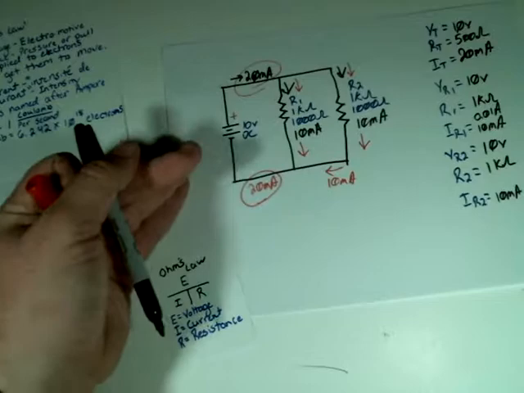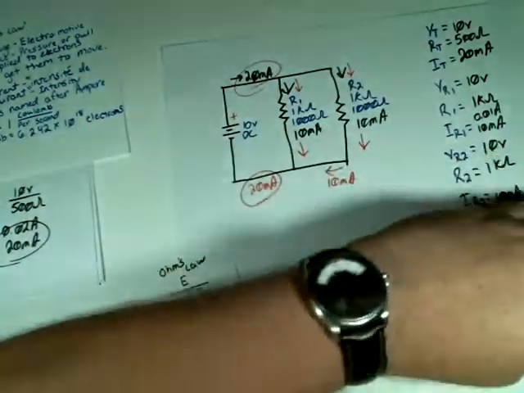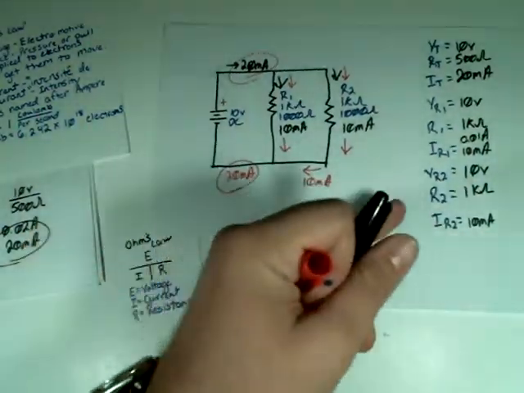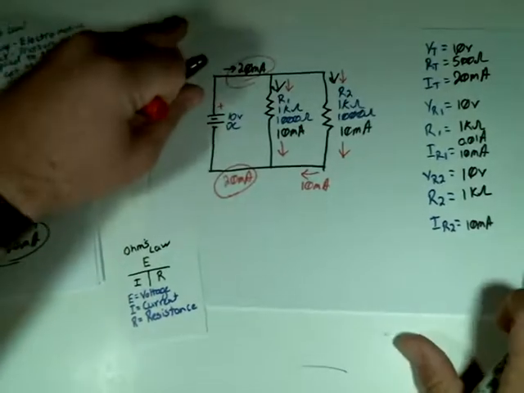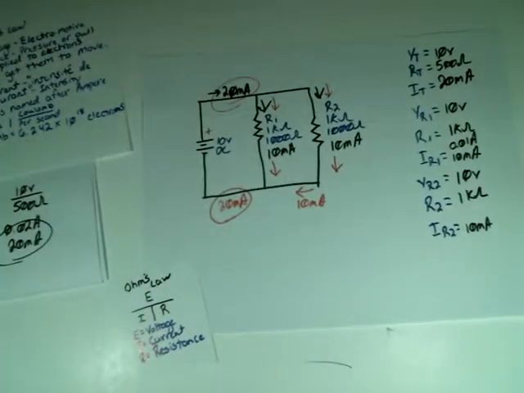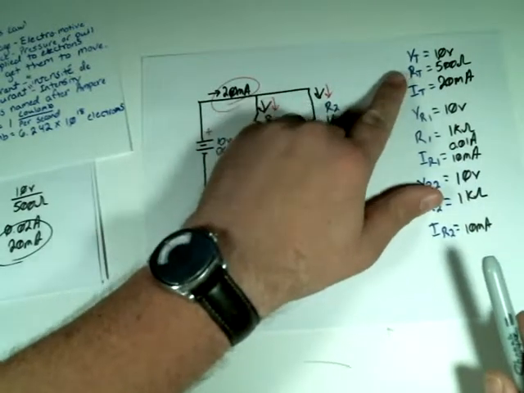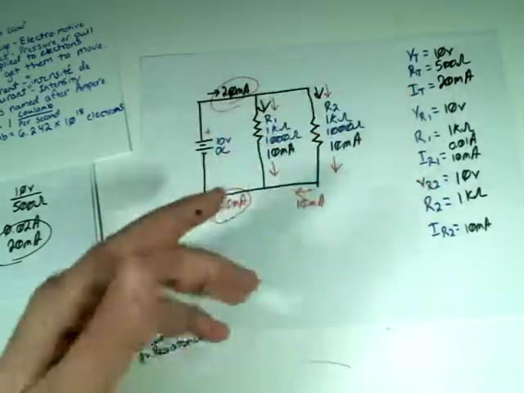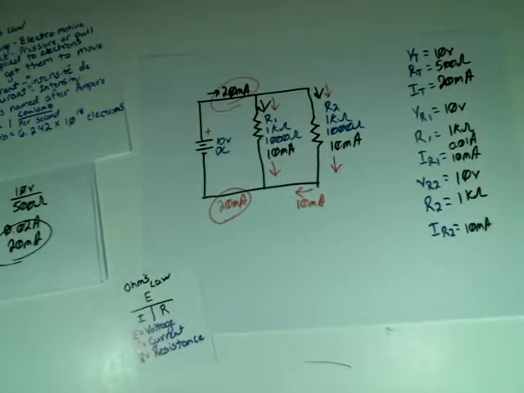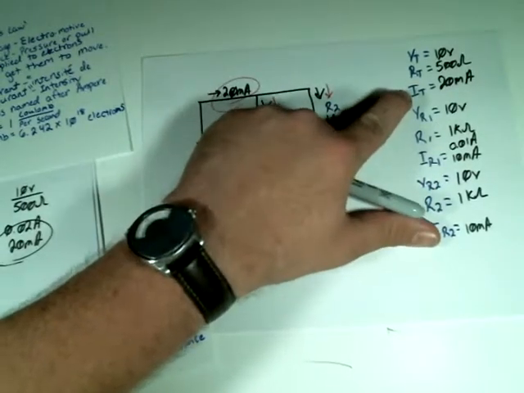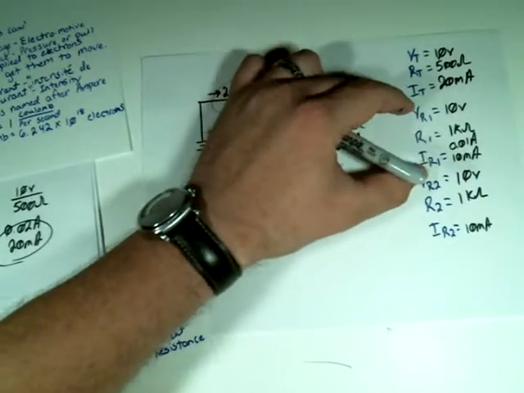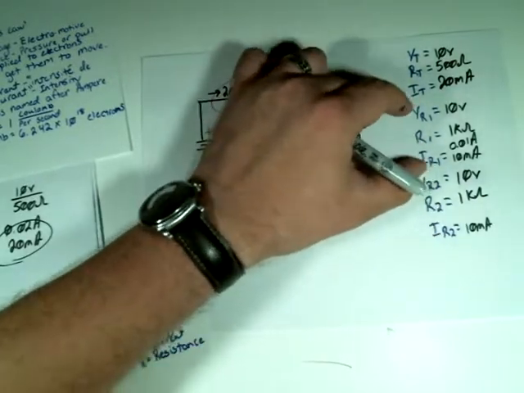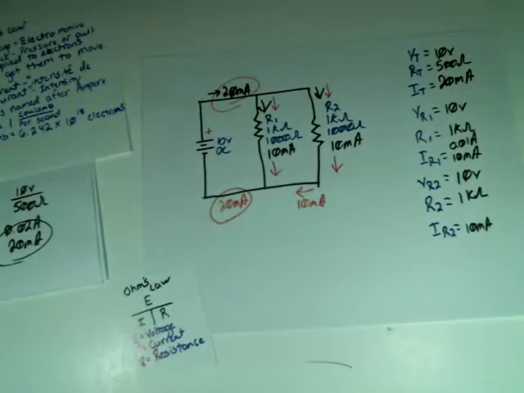Kirchhoff's law says the sum of all current going out has to be equal to the sum of all currents going in, and that's what we have. So in this example, we are able to find the total voltage, the total resistance, or the Thevenin equivalent resistance, the total current of the circuit, and then the same measurements for each component.